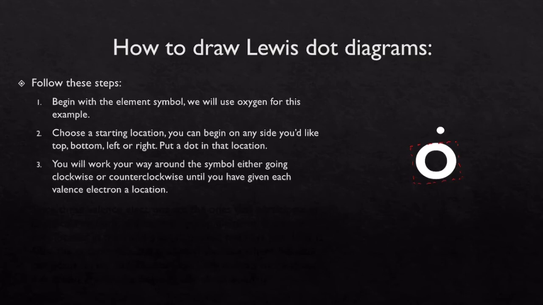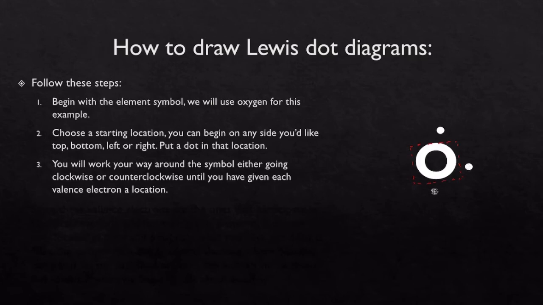And then to do the rest of the electrons, I'm going to choose either to go counterclockwise or clockwise until I've given each electron a location. And if you choose clockwise, you want to stick with clockwise the whole way around until you run out of electrons. And the same goes if you choose counterclockwise. Whichever way you choose is fine. You just want to keep it consistent the whole time.